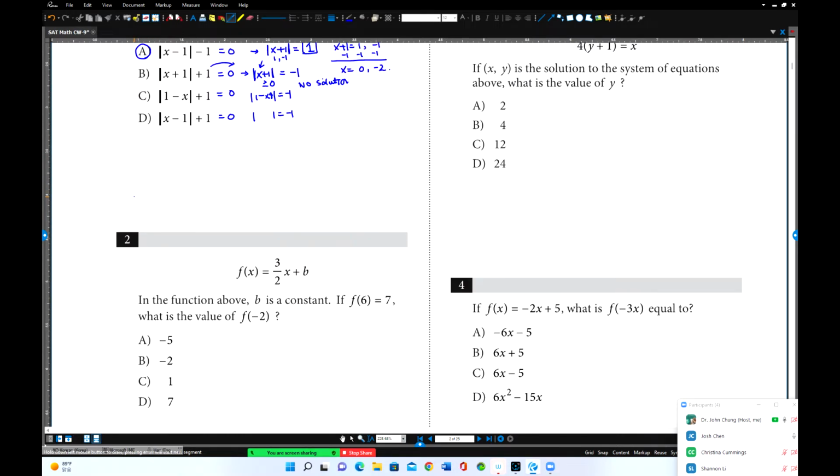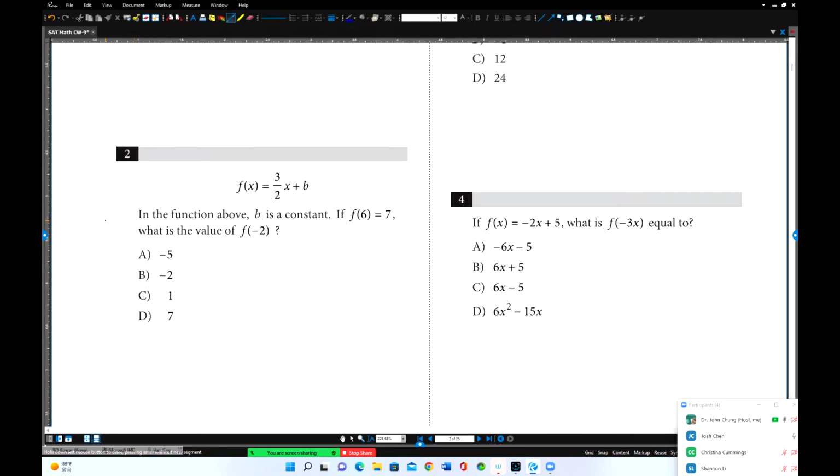Number 2. So we have a linear equation, f of x equals 3 over 2 x plus b. The slope is 3 over 2, b is the y-intercept, and b is a constant. f of 6 equals 7, this is given. Always underline the constraint.